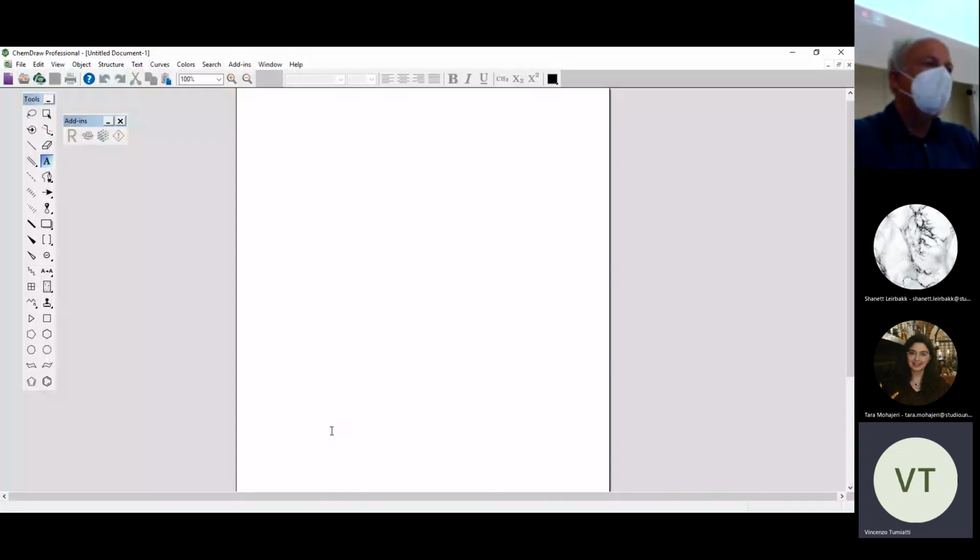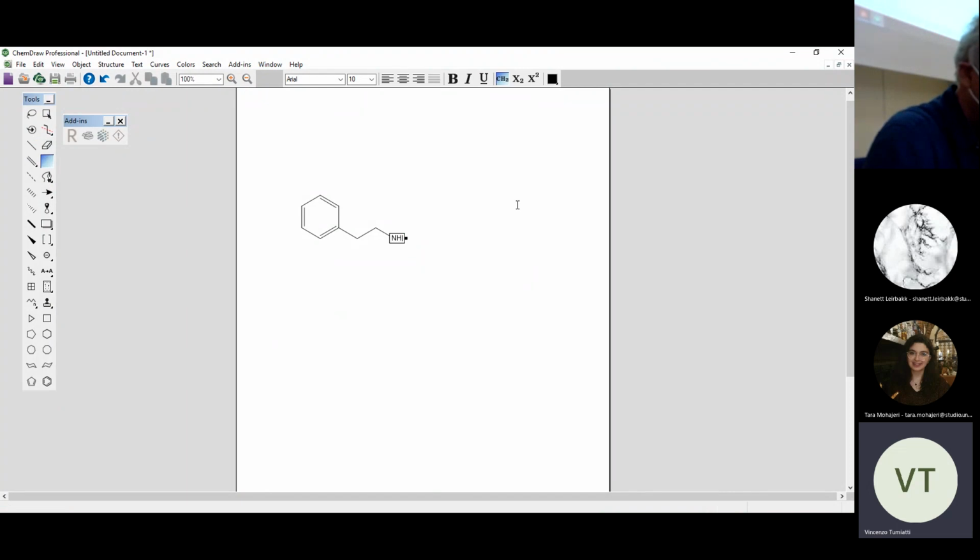The question is, how can we remember the structure of morphine? Normally I start from the active conformer of dopamine. If you remember, this is the active conformer of dopamine, trans beta alpha rotamer. Okay.